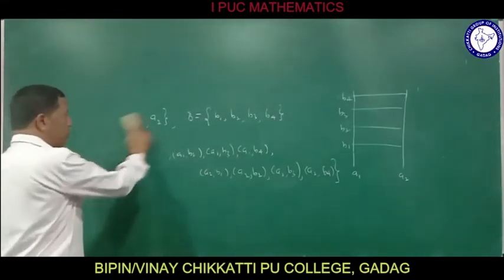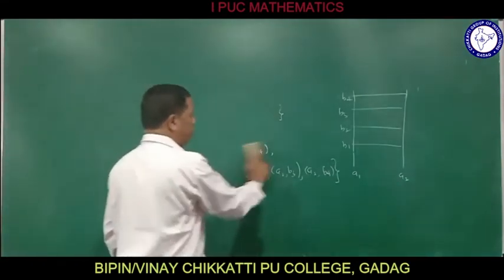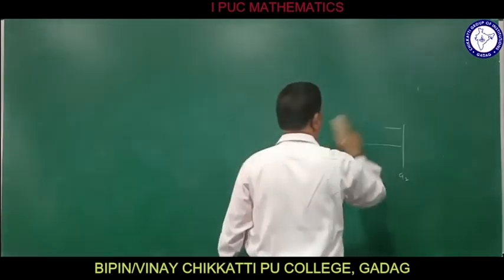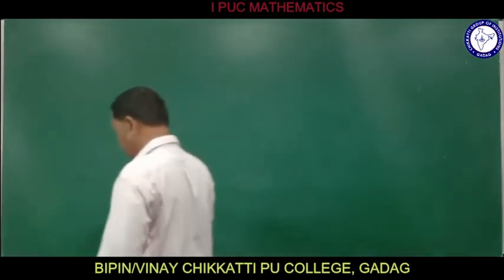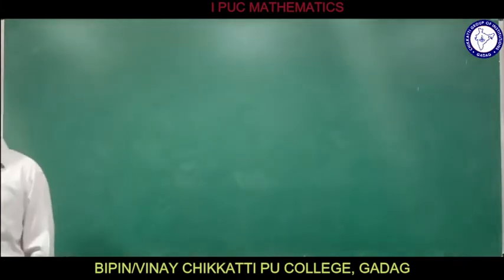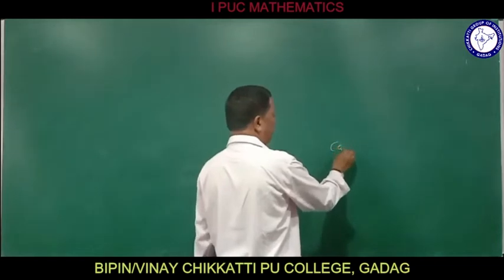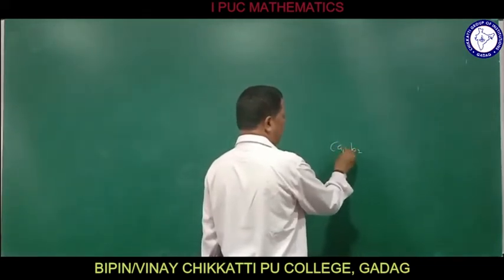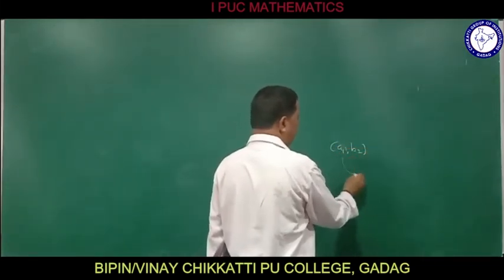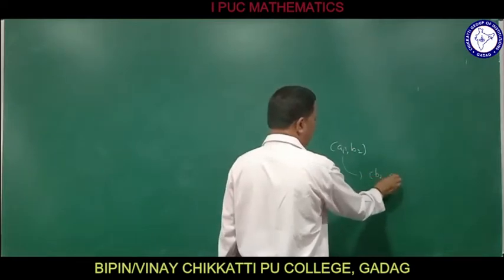Now, I want to go through some points to be remembered, and after that we will go on continuously to the problems. Basically, when you write an ordered pair, A1, B2 is not the same as B2, A1.